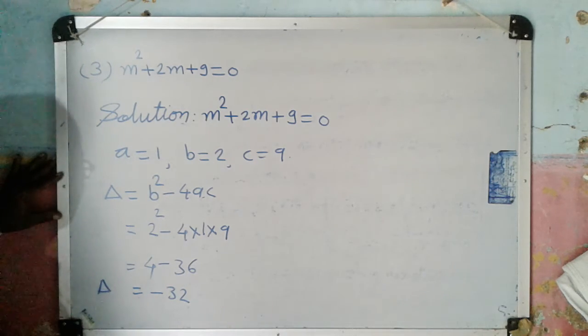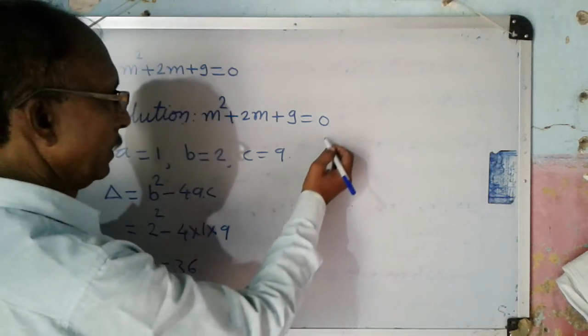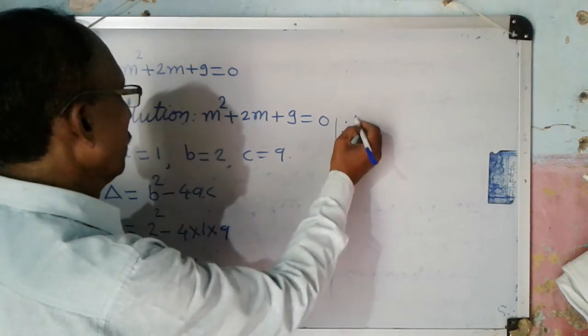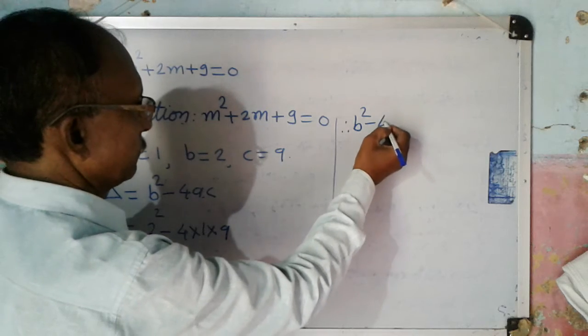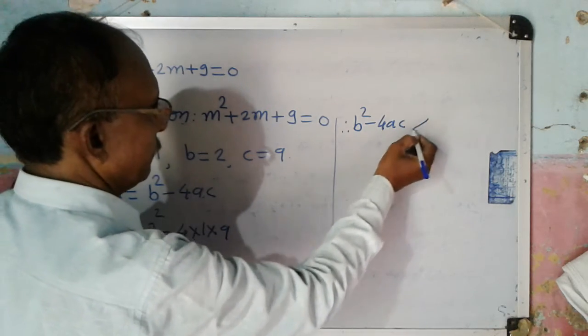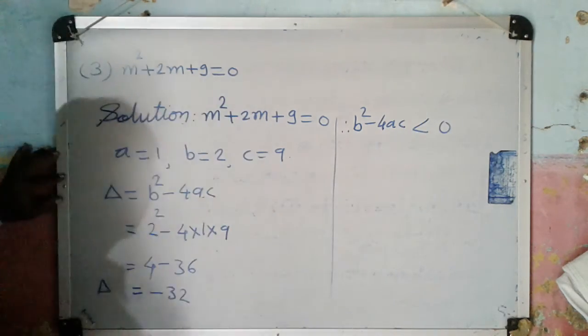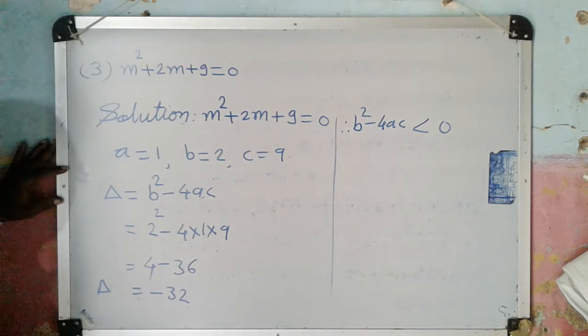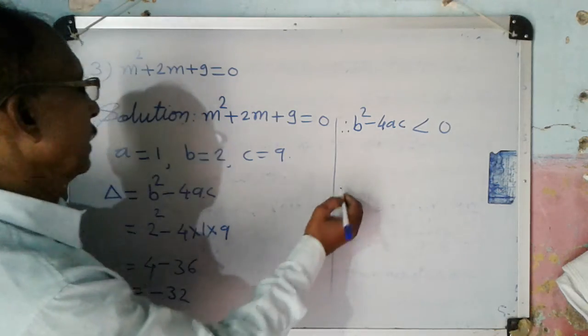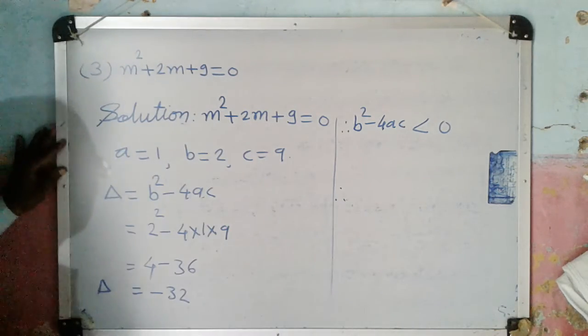That means this value is less than 0. Therefore, this is negative, that means less than 0. And if the value of discriminant is less than 0, then the roots are not real numbers.